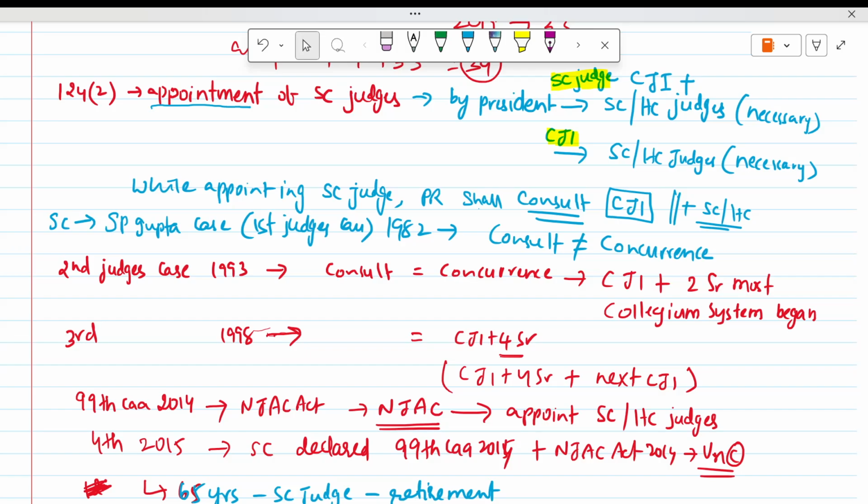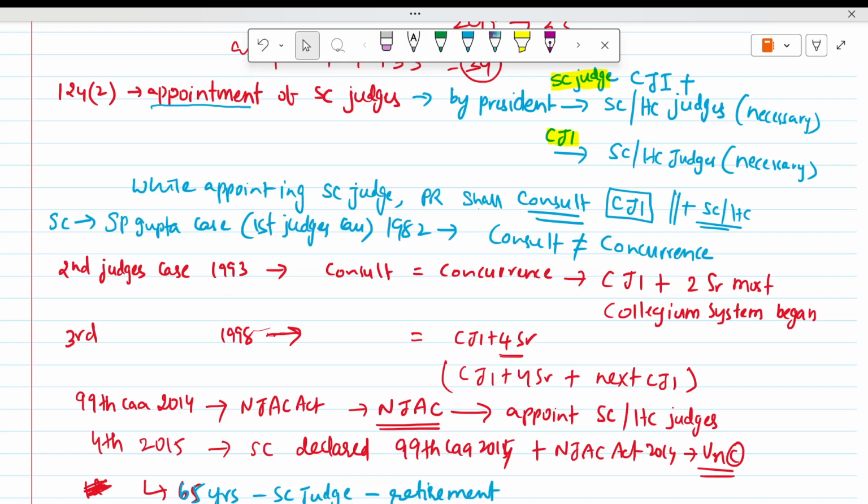But the President should consult Supreme Court and High Court judges as he deems necessary when appointing the CJI. When appointing Supreme Court judges other than the CJI, the President must consult the CJI.